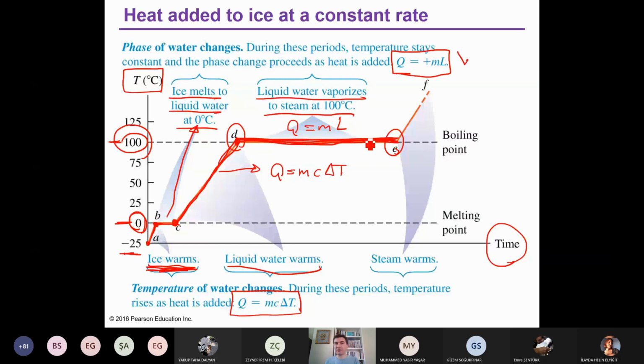And here, at point E, we have vapor, okay? And then you can also increase the temperature of the vapor, okay? So this is the boiling water, and you increase the temperature of the vapor of water. So then steam warms in this part, and you have to add this heat to the system in order to increase the temperature of the steam.